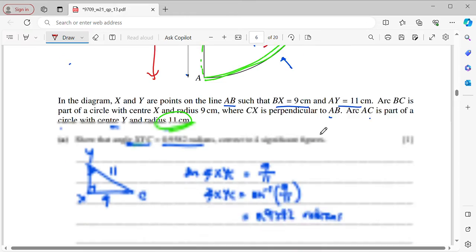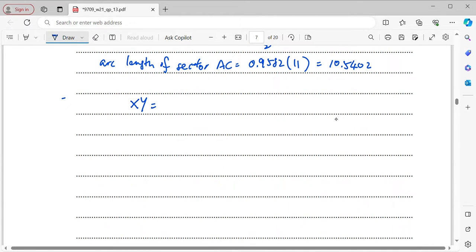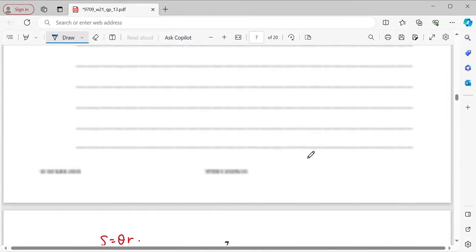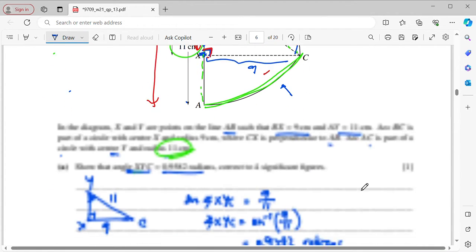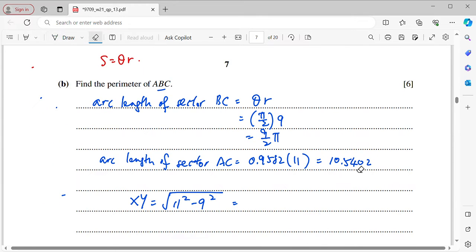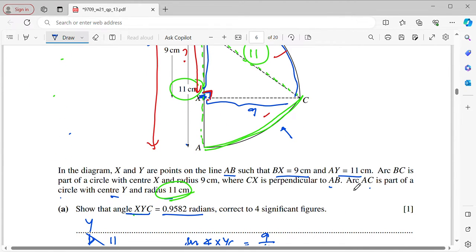So XY is the square root of YC squared minus XC squared, which is the square root of 11 squared minus 9 squared, then it will be 2 square root 10. So found the XY, 2 square root 10.